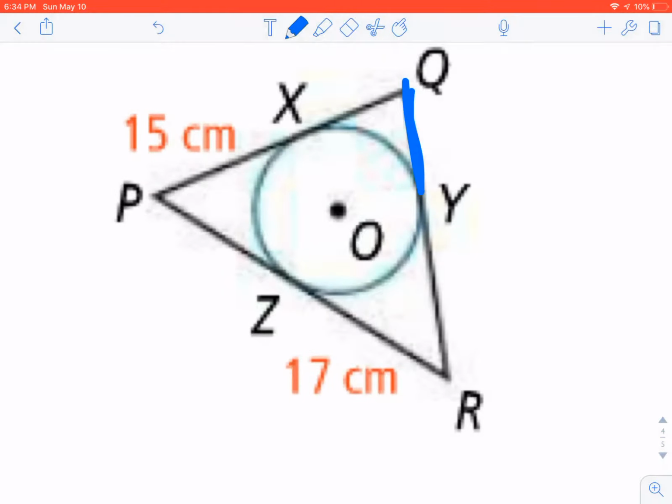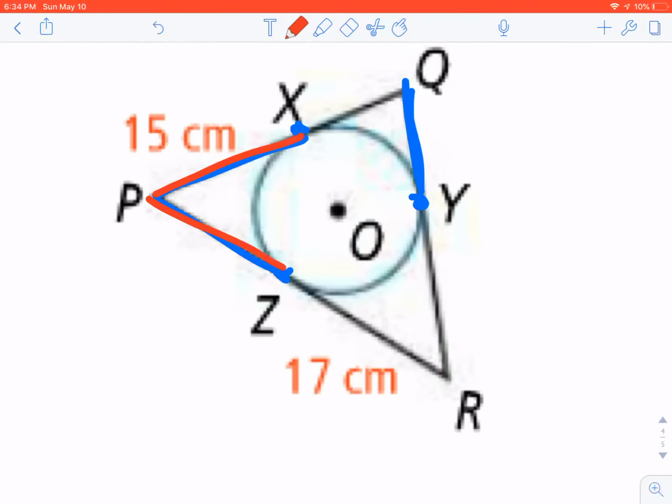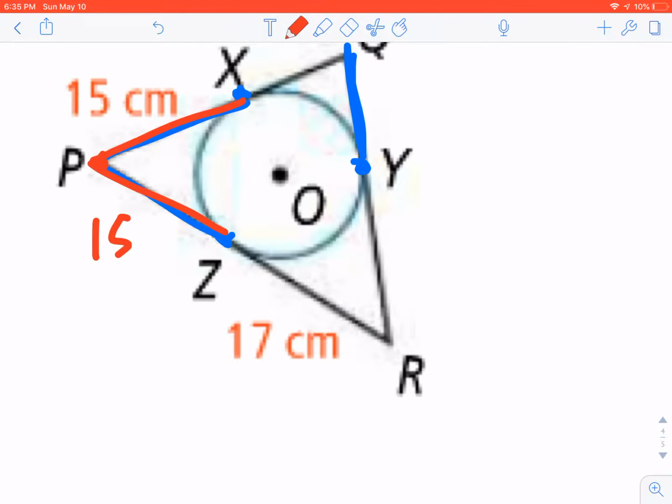All these X, Z, and Y, those are all points of tangency. Therefore, PZ and PX, I'll do these in red, PZ and PX are the same length. They're both tangent to the circle and they share endpoint P. Therefore, PZ is 15. Well, ZR and YR are both tangent to the circle and they share endpoint R. Therefore, this is 17.